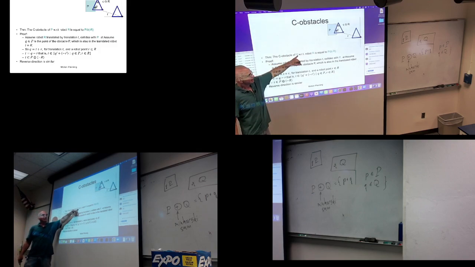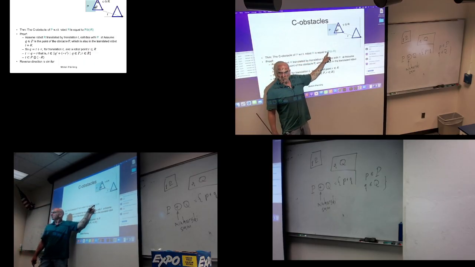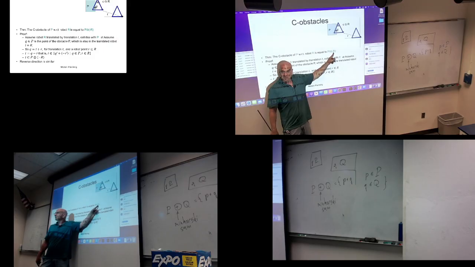So, here's the answer. The translations that are not allowed can be generated as a Minkowski sum of the obstacle P with minus R, which takes the robot and reflects it. And that will be all the translations that are not allowed.